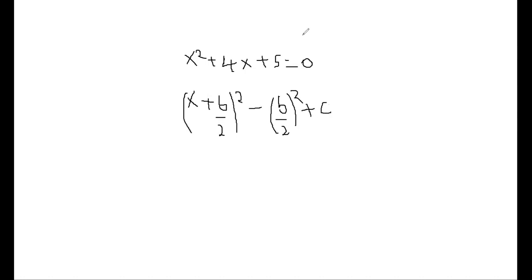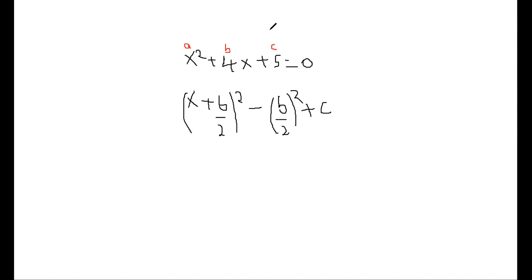But don't forget, in this equation you have these values of a, b and c. In this case, our a is 1. Always, when using the completing the square method, make your a to be 1. So substitute b and c with the values 4 and 5.